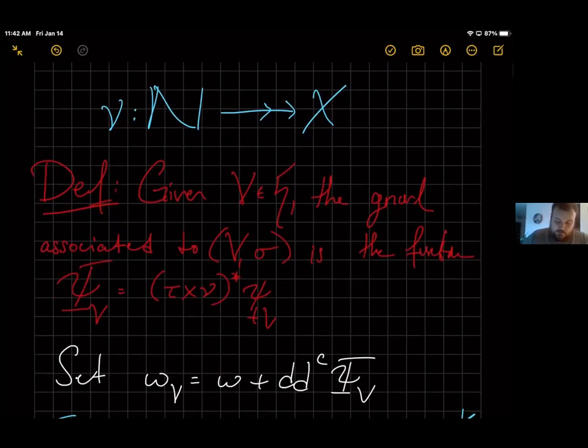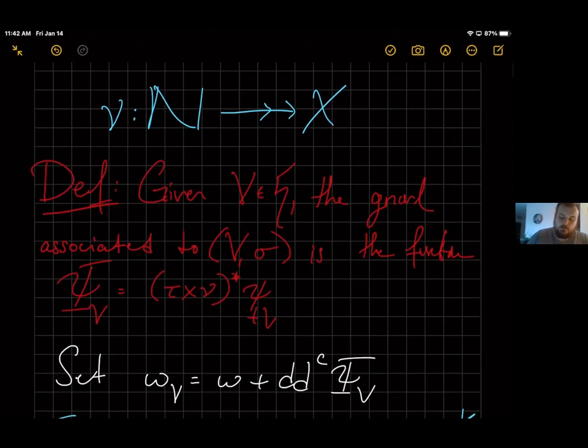So here's where I'm going to introduce the word gnarl. Given a vector field that's in the gradient part, so it's a vector field which is a gradient vector field, the gnarl associated to this vector field and the metric sigma is the function capital Psi sub V, which is the pullback through this log polar coordinate tau, which remember was log of minus log of mod z squared, times the projection map from our neighborhood.